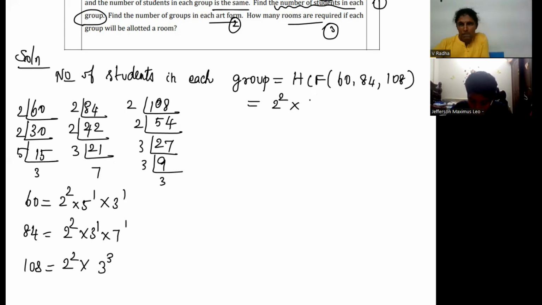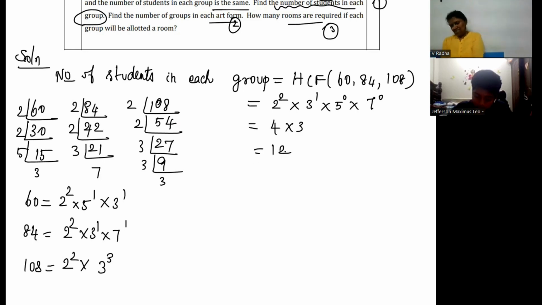The least power is 1, so 3 power 1. Only one number has a 5, all others have 5 power zero. Similarly 7 power 0. So 4 into 3 is 12. That is the number of students in each group.